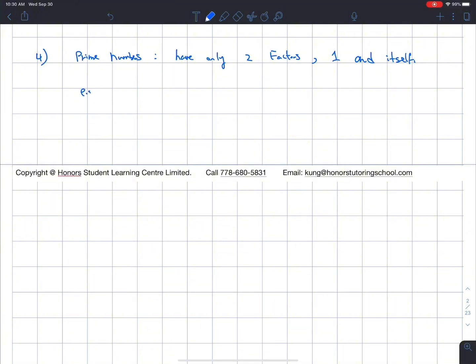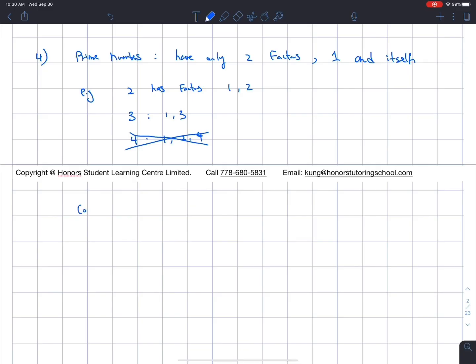For example, 2 has factors just 1 and 2, right? Because 2 is only divisible by 1 and 2. 3, same idea. 3 is only divisible by 1 and 3. 4, however, is divisible by 1, 2, 4. So it has more than two factors. That's why 4 is not a prime.